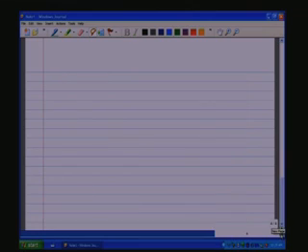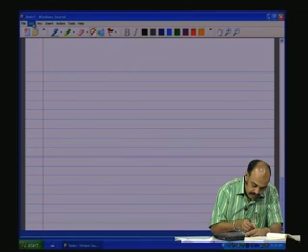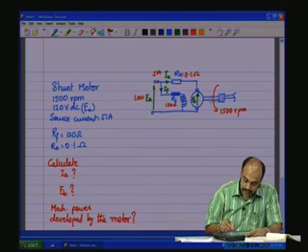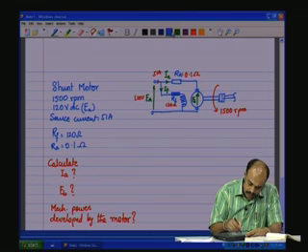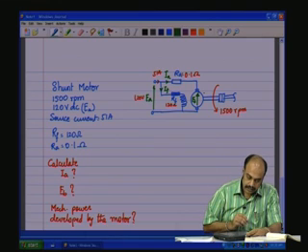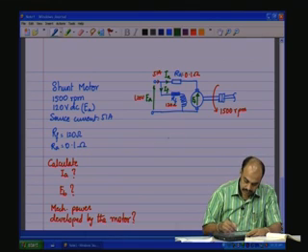The final point in this problem is that we need to find the mechanical power which is given to the load. So, if you look at what is the power that we actually deliver to the load, what we get here is EA, the IA squared RA drop goes off, and what is left is ultimately the power.